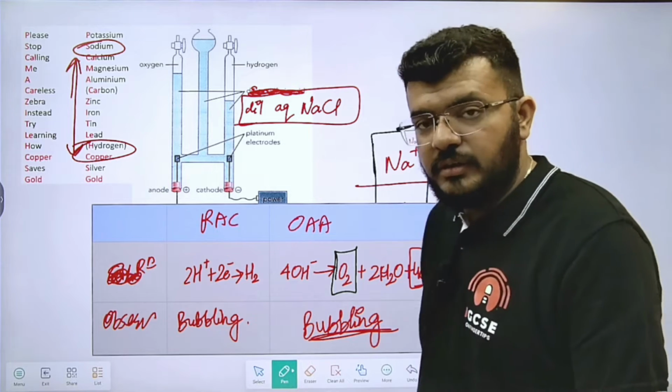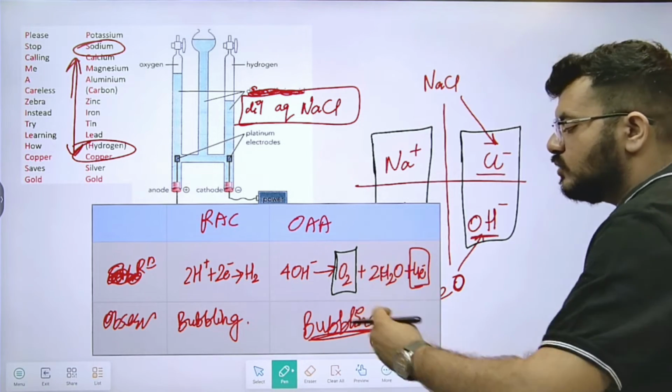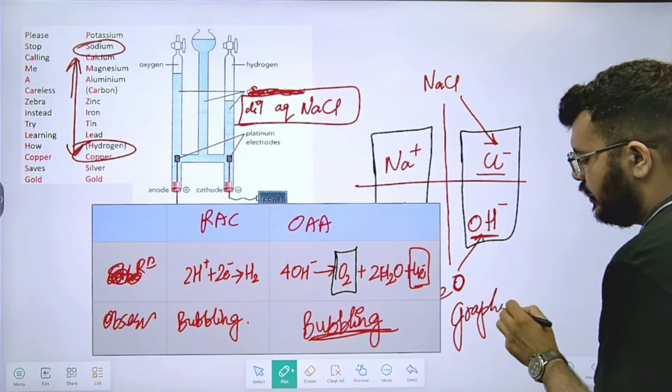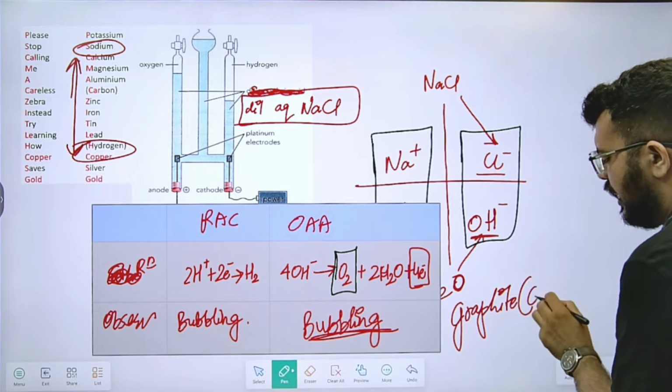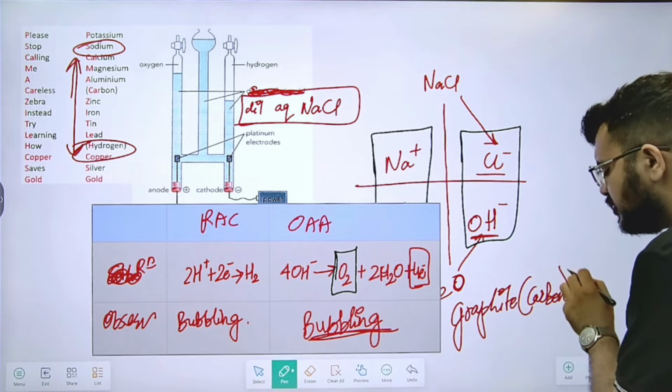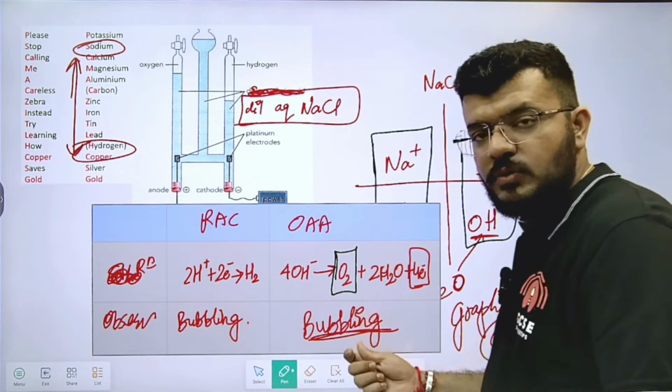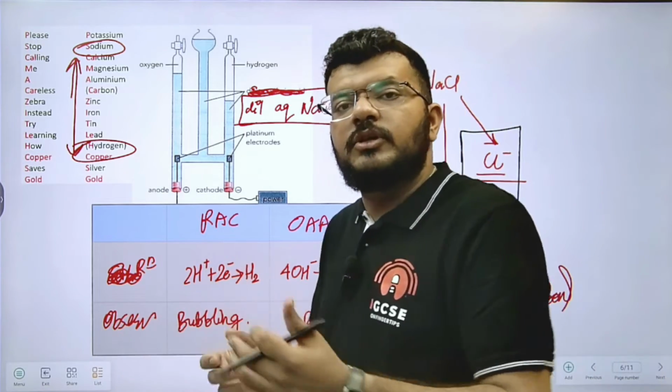electrode as well, right? If the electrodes were made of graphite, which is nothing but carbon, the gas produced will be CO2, carbon dioxide. The oxygen produced will react with the carbon to produce carbon dioxide.